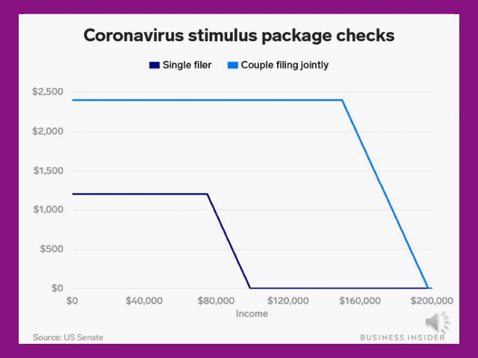One of them is showing how much a single filer taxpayer could expect to get back, and the other is showing how much a couple who's filing jointly could expect to get back. And by the way, this is also in addition to money they would receive for having children, which is an additional $500 in each case.